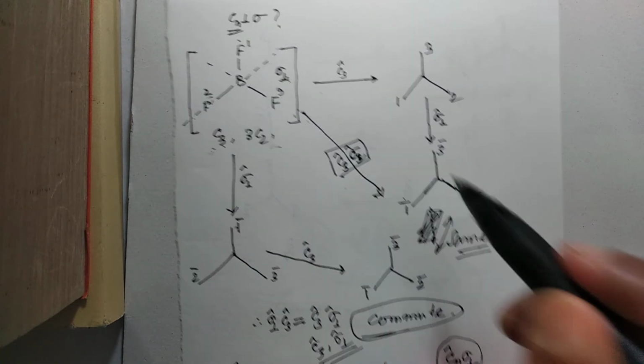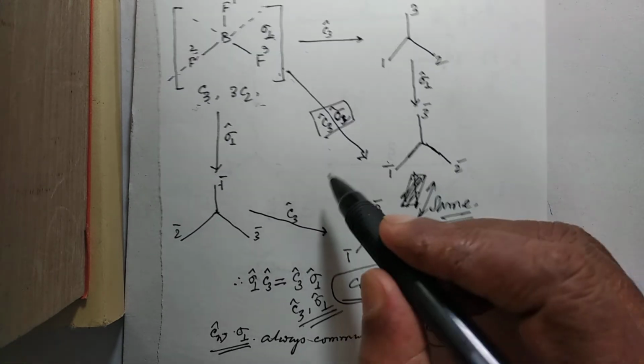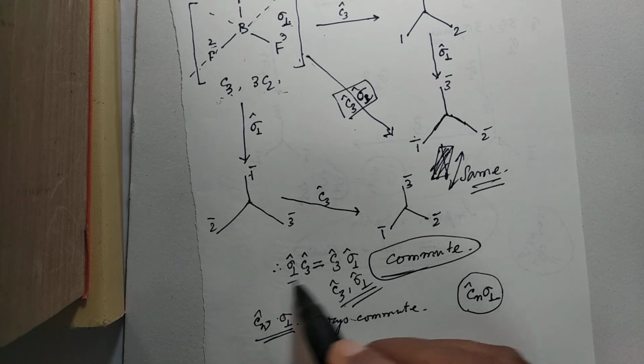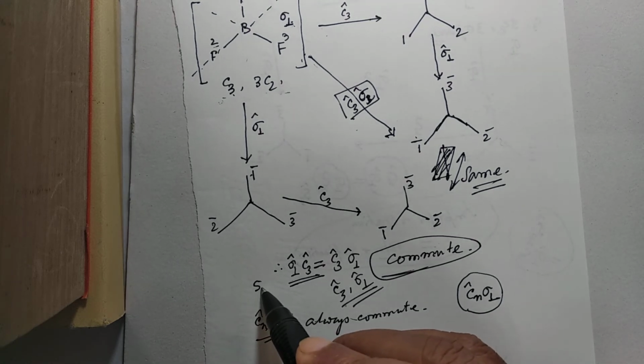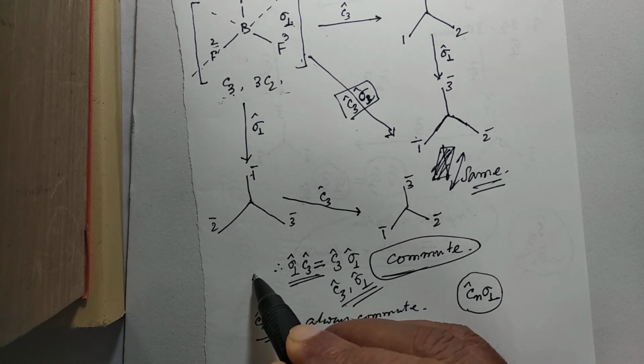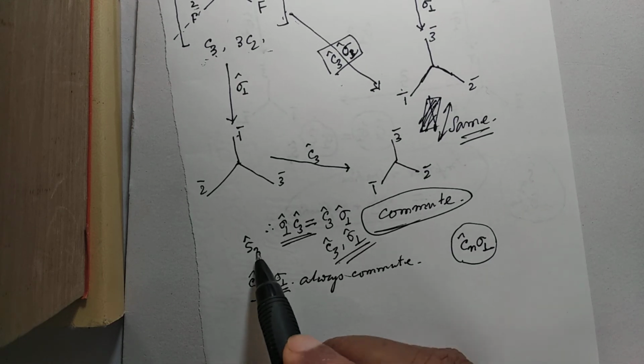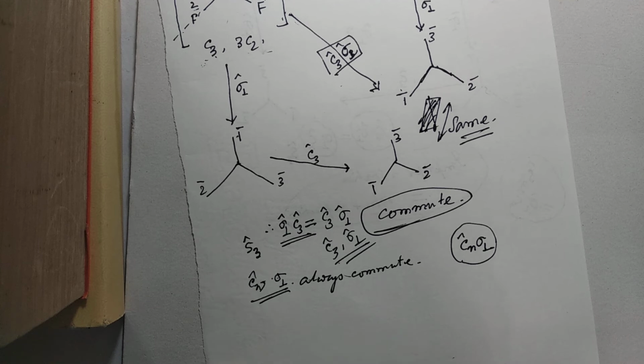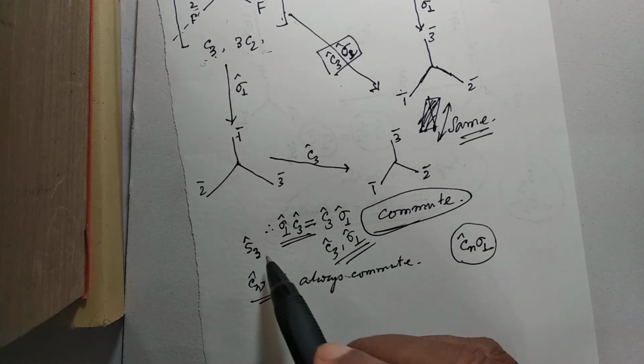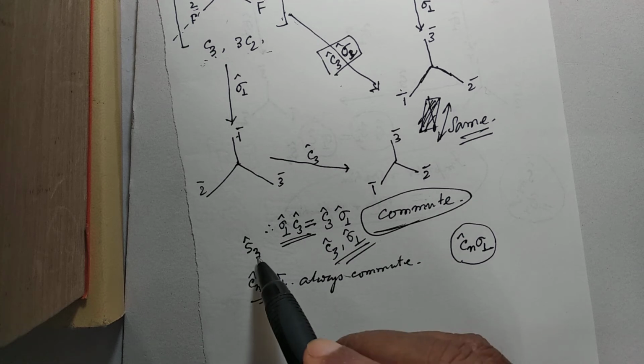This is entirely a new operation, and we call this operation an improper rotation of order 3, or improper threefold rotation. Order is something else. I will discuss that later. This is a threefold improper.